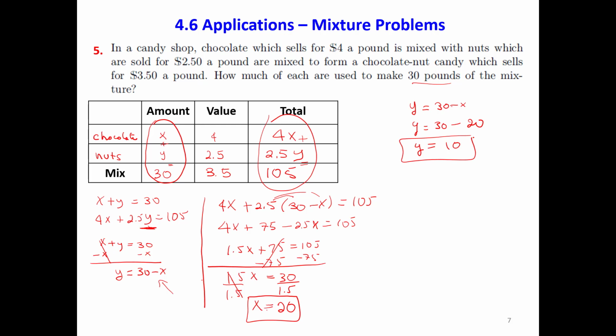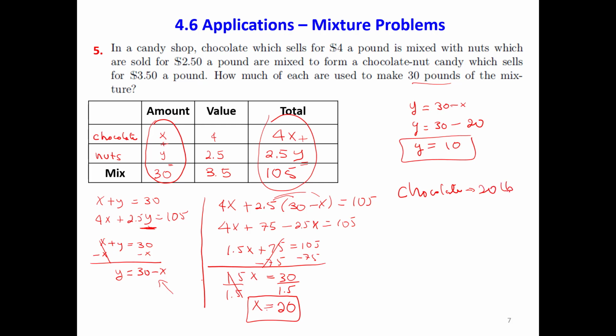Now we can answer the question: how many pounds we need of chocolate, and how many pounds we need of nuts. When this mixes together, we get 30 pounds at this value. Then we will say, in the case of the chocolate, we need 20 pounds.